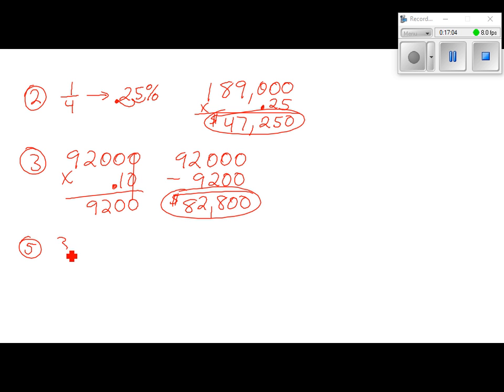So the first thing, find the down payment. The house is $310,000. They want 30% down, so that's 0.30. We're going to times those, and we come up with 93,000. So they're going to need $93,000 for their down payment, plus $100.